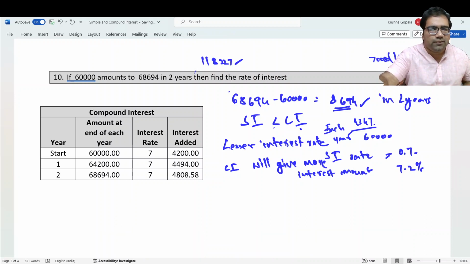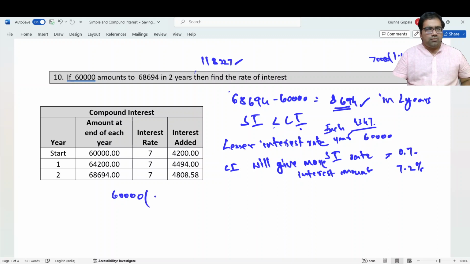There is another, difficult way, which is the original way. What you have to do: 60,000 into 1 plus r by 100, whole square, since the time period is already given, is equal to 68,694.